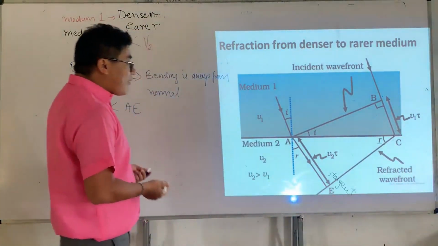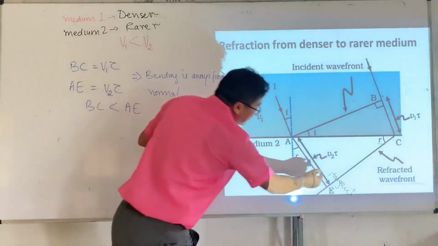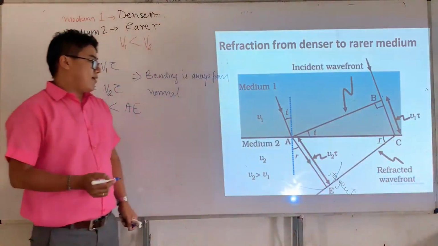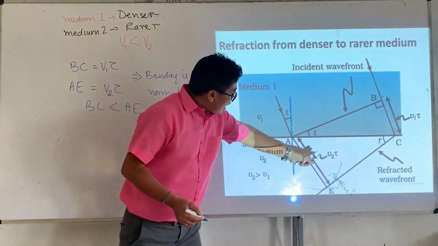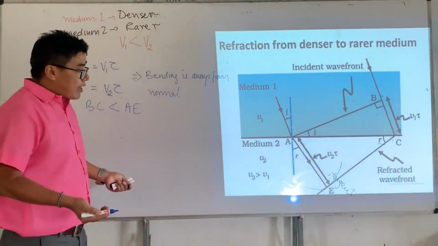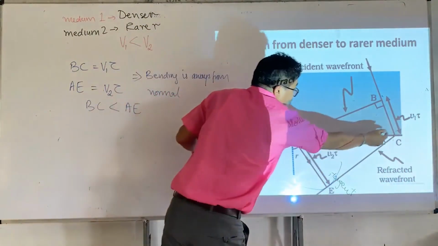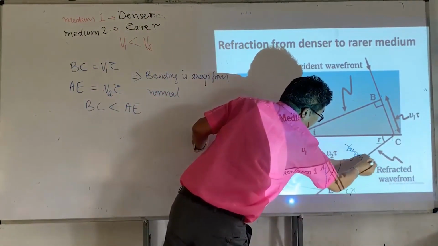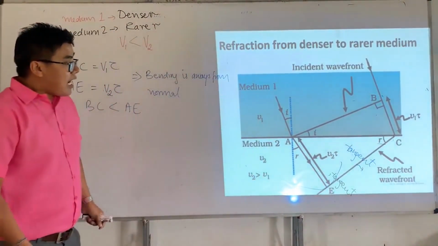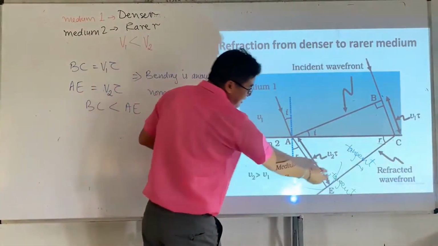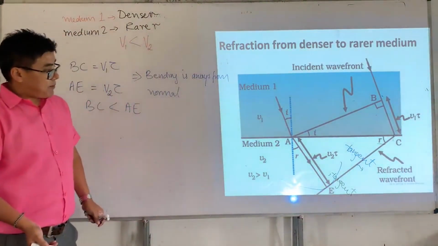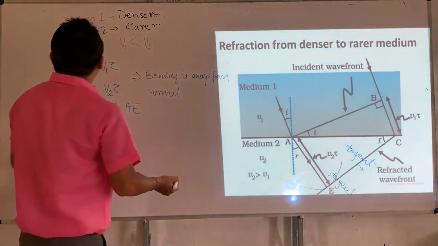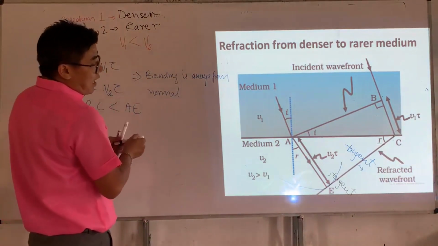Then I draw a sphere with center A and radius V2 tau, and from C I draw a tangent to the sphere. I join this line, AE is the distance, and this is going to be a wavefront.